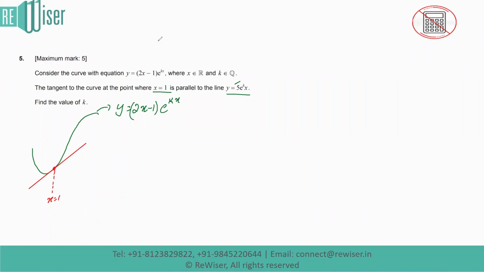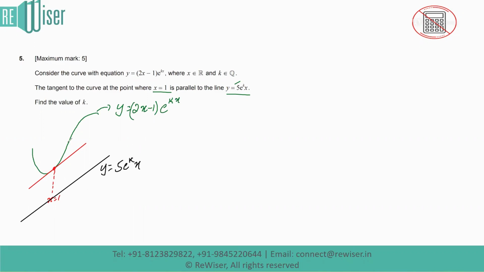Now, this red line would be parallel to another line, which is y = 5e^(k)x. Let's say that's something like this line.